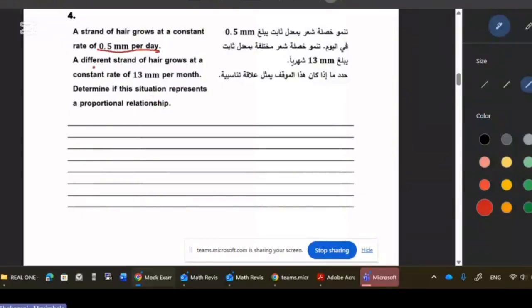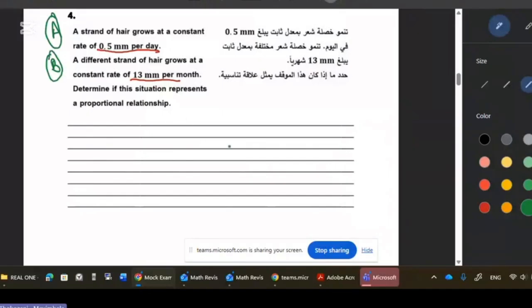Okay, and then it says a different strand of hair grows at a constant rate of 13 millimeters per month. Aha. So we have, I like to call this one here, the first part is my A part, and the second part of this question is my B part.